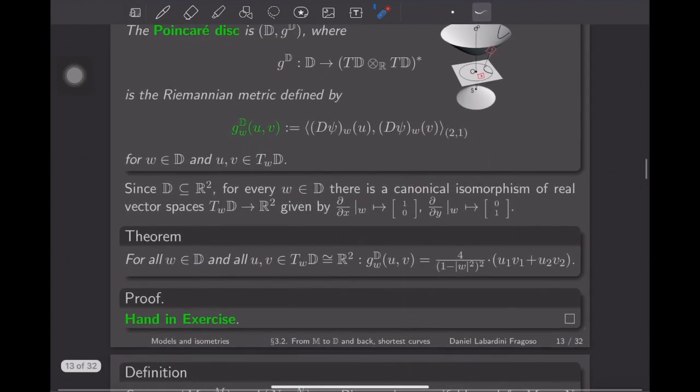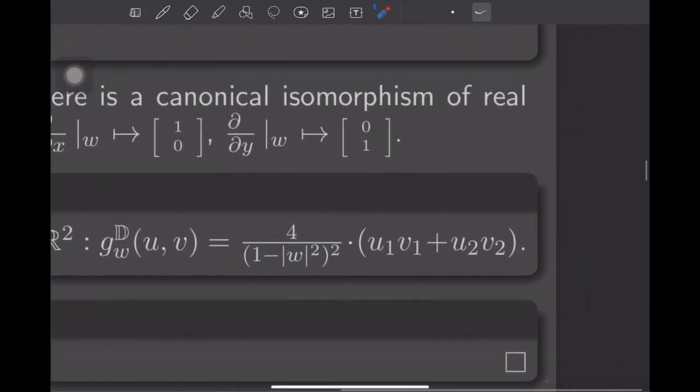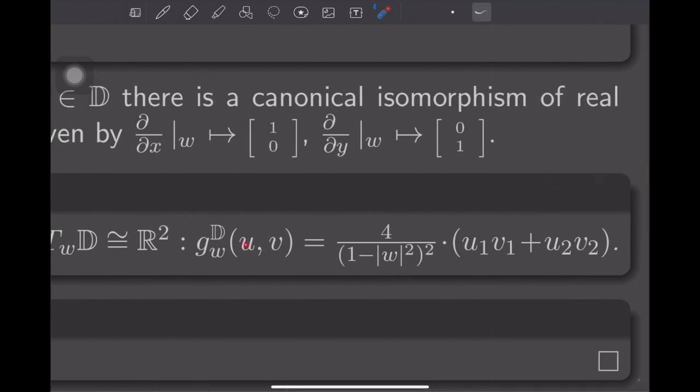All right. Now the point is that it is possible to canonically identify any of these tangent planes with R2, and with that identification, when one makes this computation, that computation gives you this formula, where u and v are tangent vectors.